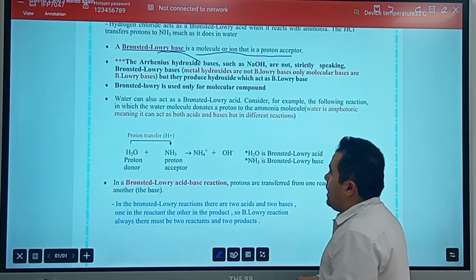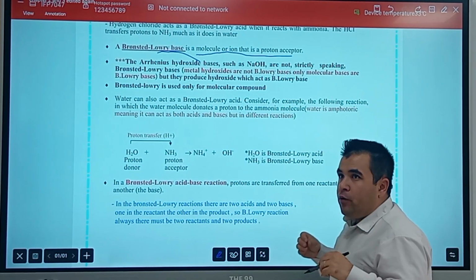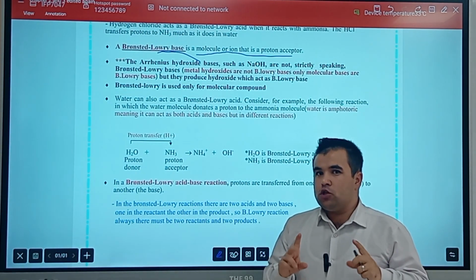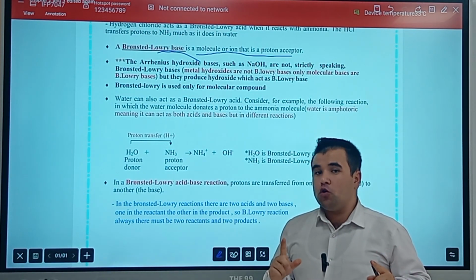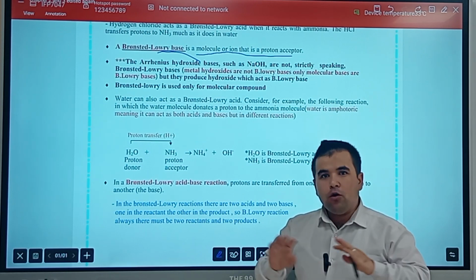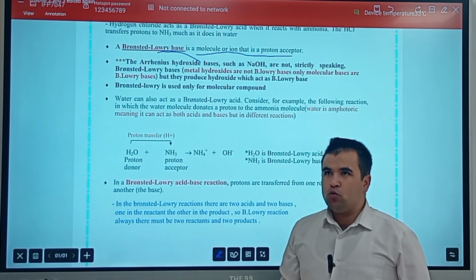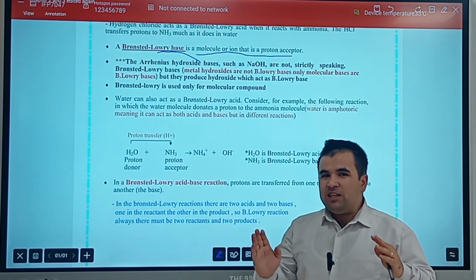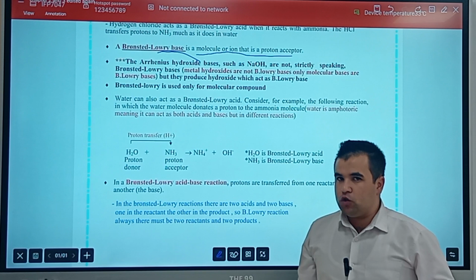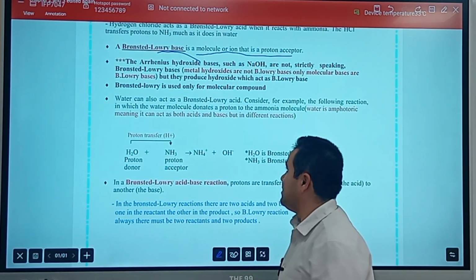Guys, for the Bronsted-Lowry, we have some restrictions in the bases. Only the molecular bases can be Bronsted-Lowry bases. The ionic cannot be Bronsted-Lowry bases. Why? Because there will not be transferring of proton for the ionic bases, which we mean the metal hydroxides.